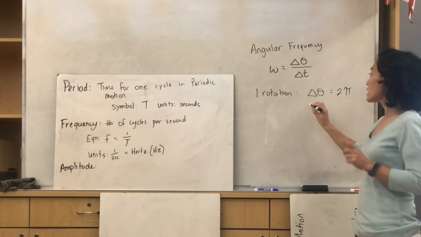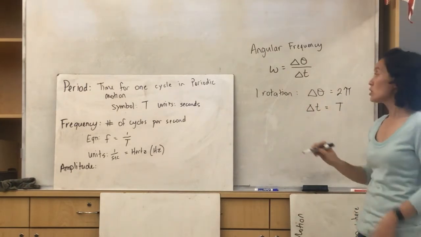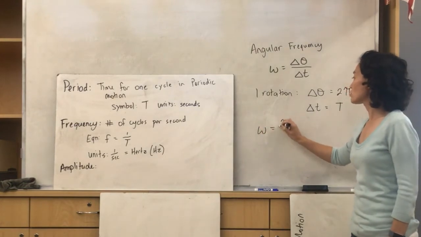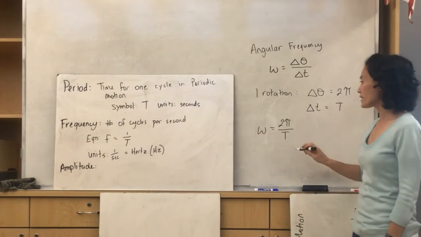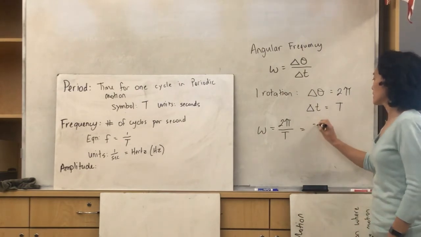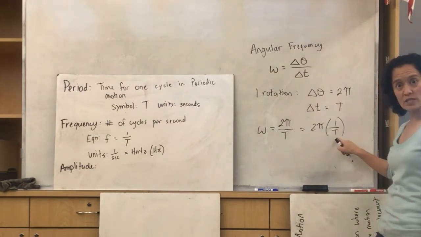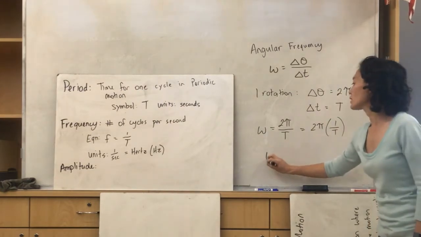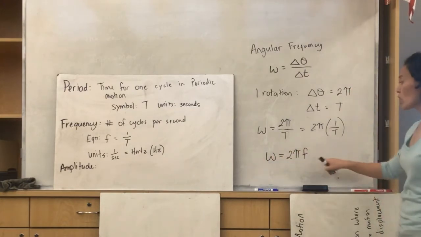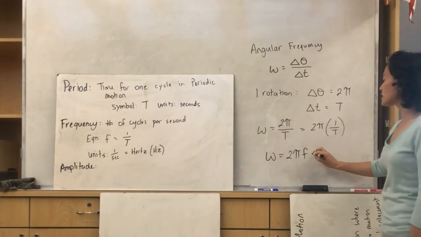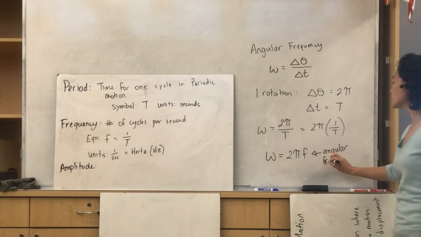And for one rotation, my change in time is equal to a period. So I could write this as 2 pi over period. Or I could say, 2 pi times 1 over period, that's just frequency. So I could represent my angular velocity in terms of frequency. And when it's represented this way, this is often called the angular frequency.